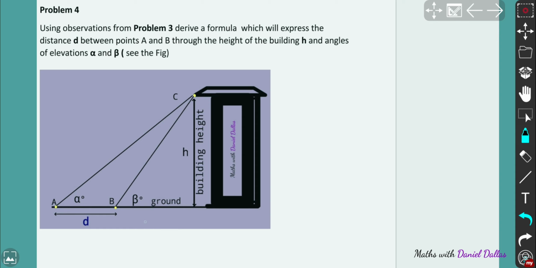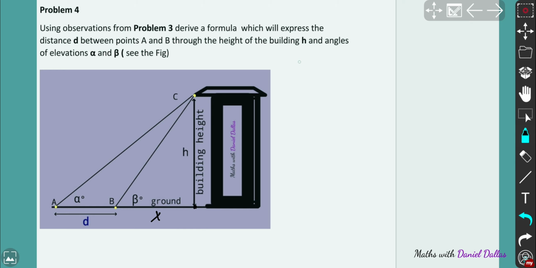So maybe let's set up some side x right there. Yeah. So this is the distance between B and the bottom of the base of the building. So if we set up that x, we can express height through x and through beta as well.